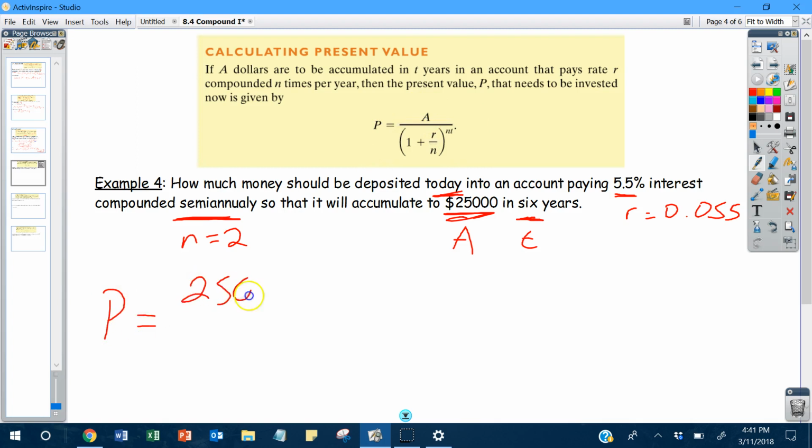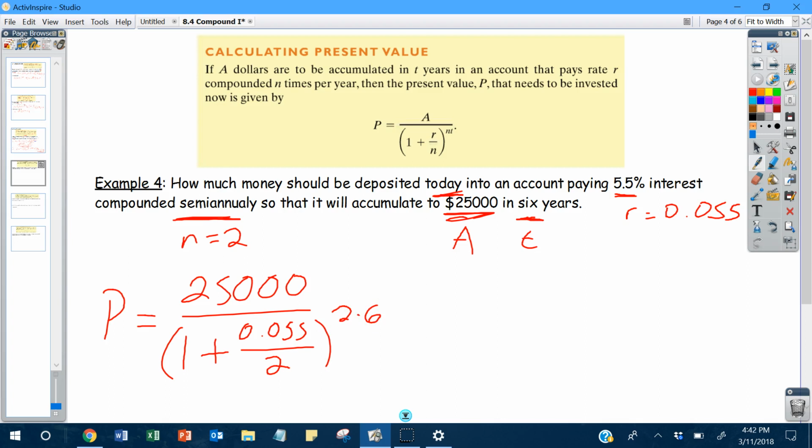So this is 25,000. This is 1 plus 0.055 over 2. All that goes in parentheses times 2 times 6. And in your calculator, maybe put that in parentheses too. So you want to be extra careful putting this one in.